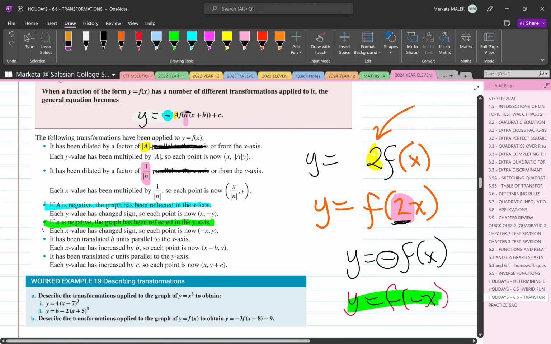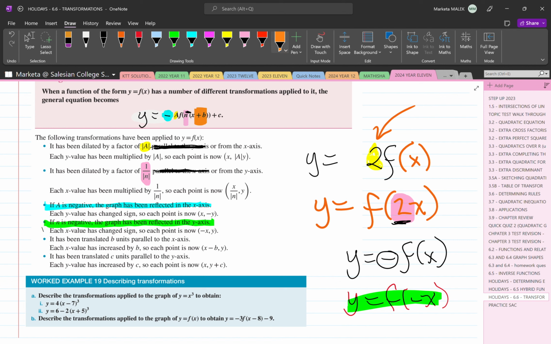The reasonably easy to remember transformations, so our b value there, which often they call negative h, and our c value over, colour haven't we used, red, here. So when it's connected to the x, this is a translation in the opposite direction. Remember, when it's connected to the x, it moves the opposite way.